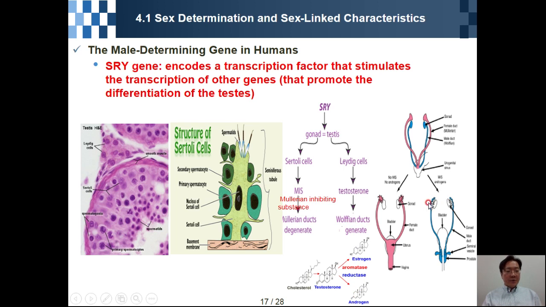So the blue one is the Wolffian duct. It has a very important role in sperm making. Okay, so this is the SRY gene. Again, it has a very important role to promote the genes that play an important role in the differentiation of testis. Okay.